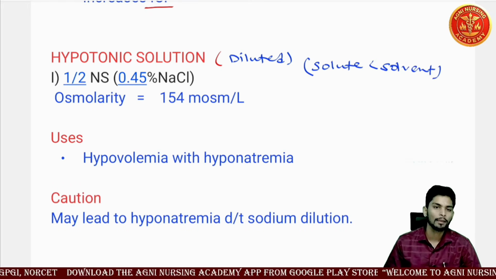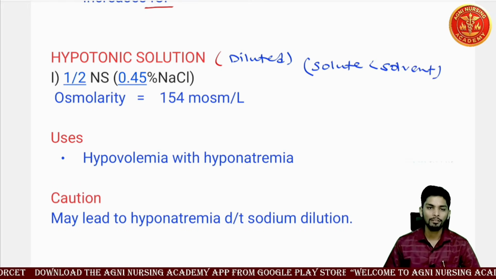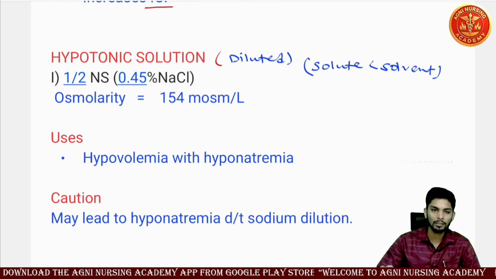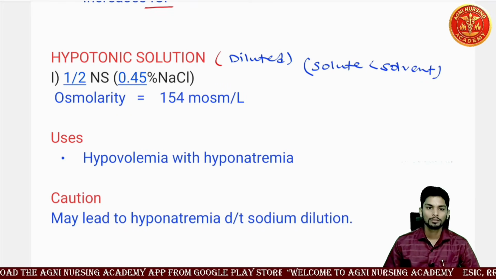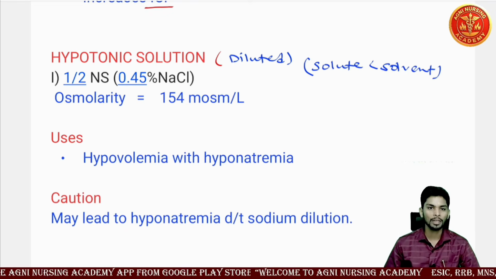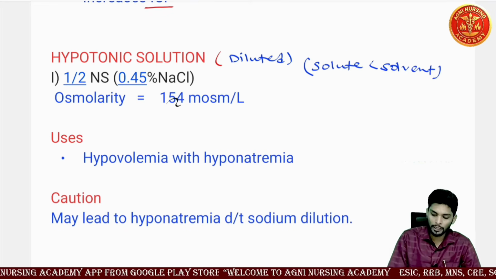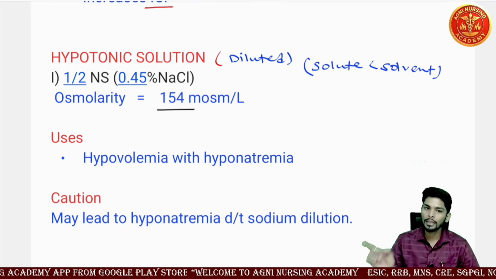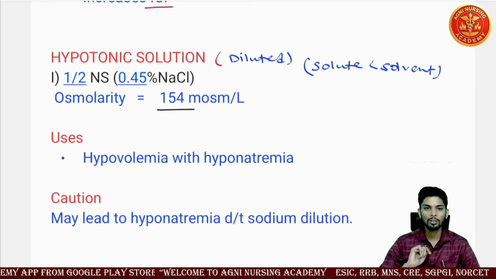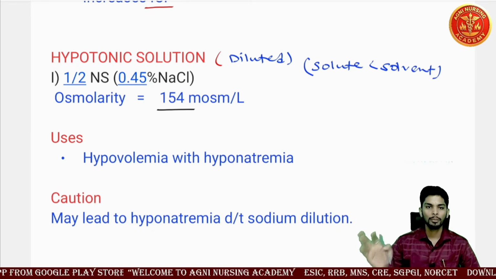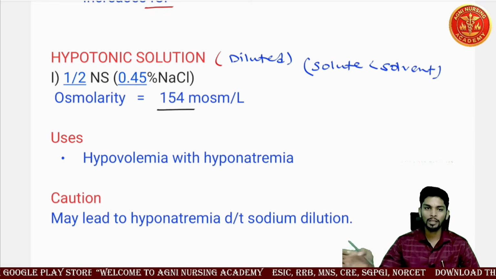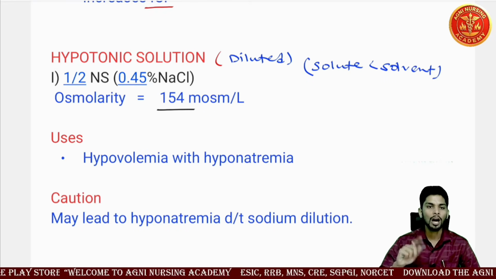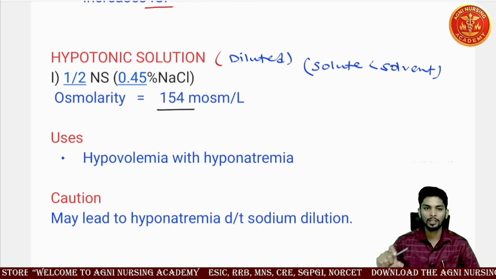First one is half NS, that is 0.45% normal saline. The osmolarity of that solution is 154 milliosmol per liter. In 0.9% NS, the osmolarity is 308 milliosmol per liter. So half NS has an osmolarity of 154.